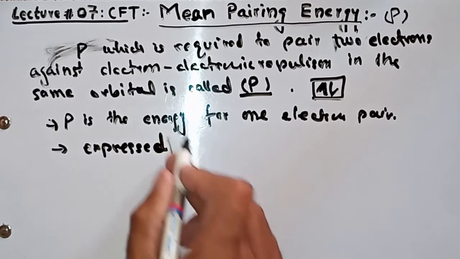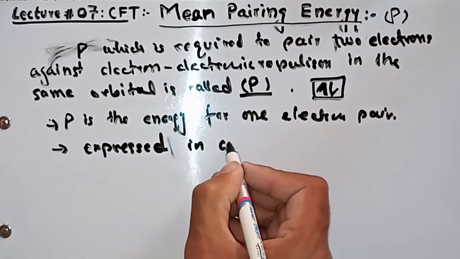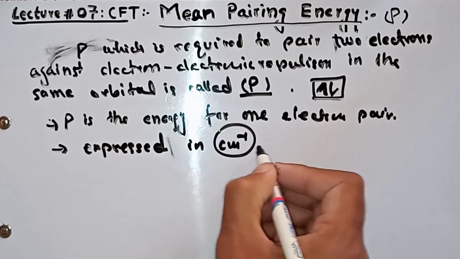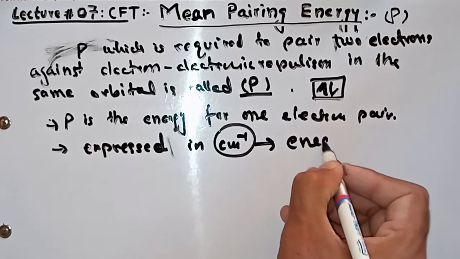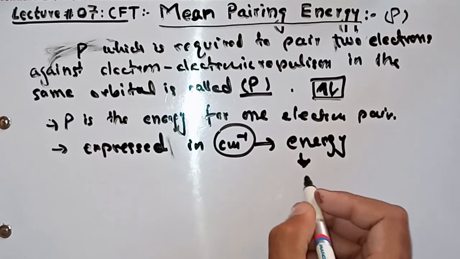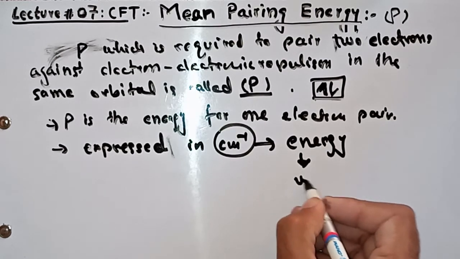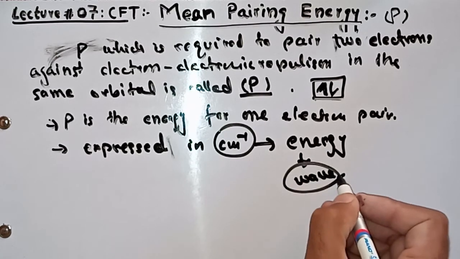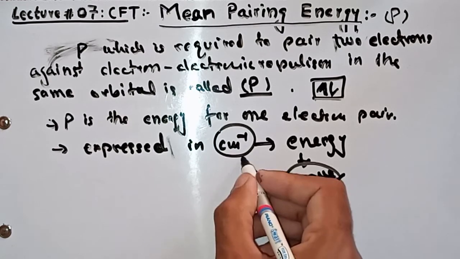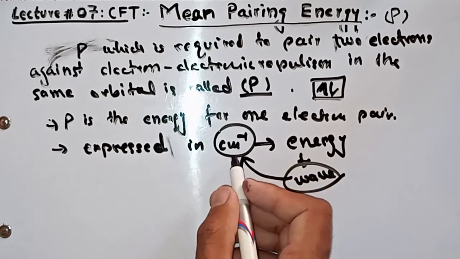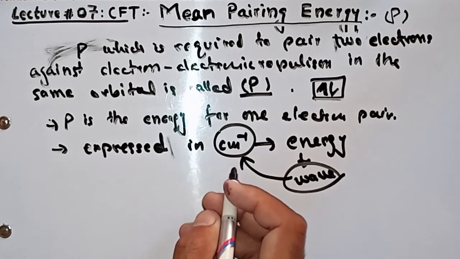P can be expressed in centimeter inverse. Centimeter inverse is a unit of energy. If the electron is taken in wave terms, the energy will have the unit of centimeter inverse.